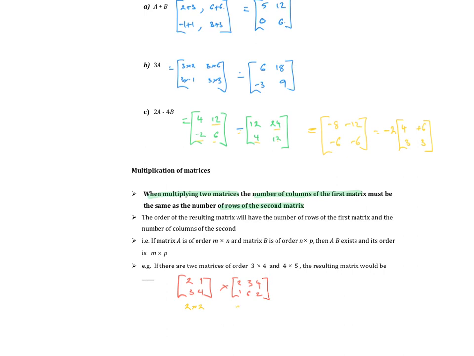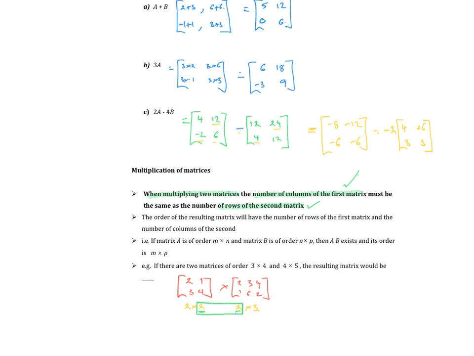The order of this matrix is 2 by 3. For multiplication to exist, these two numbers must be the same. So that 2 there, the number of columns in the first matrix, has to be the same as the number of rows in the second matrix. So those two have to be the same for us to multiply.